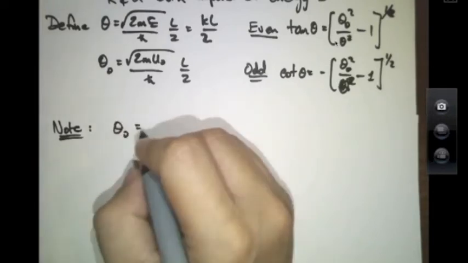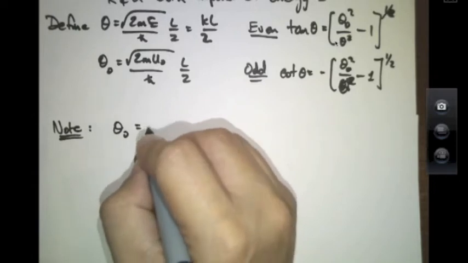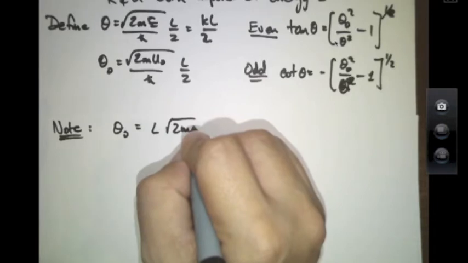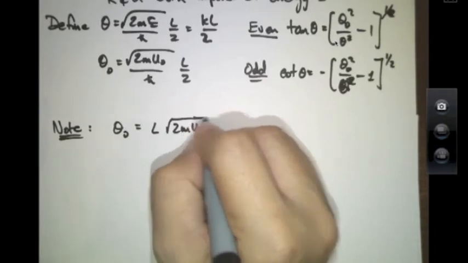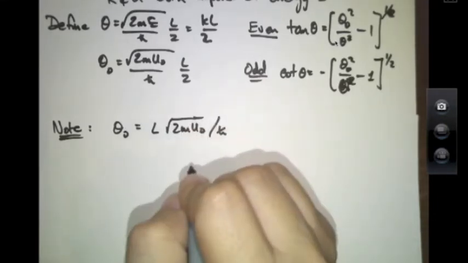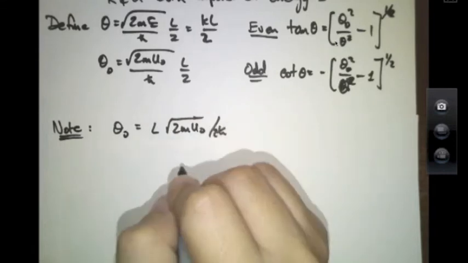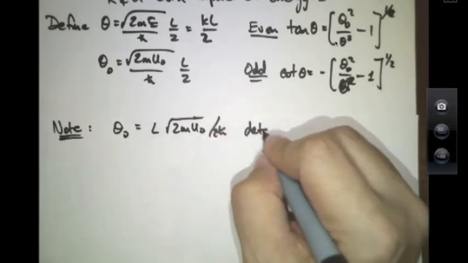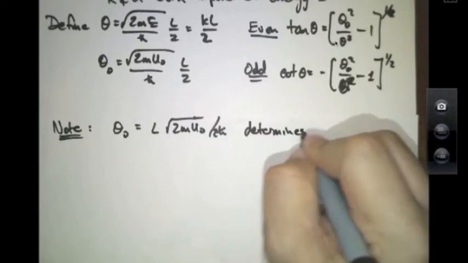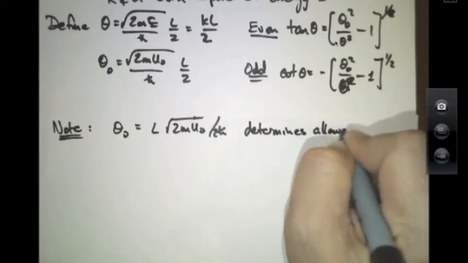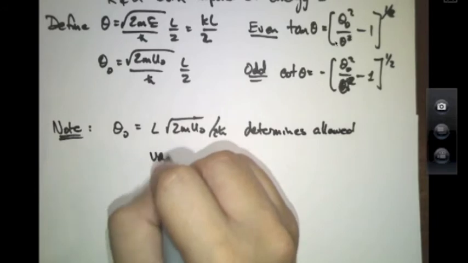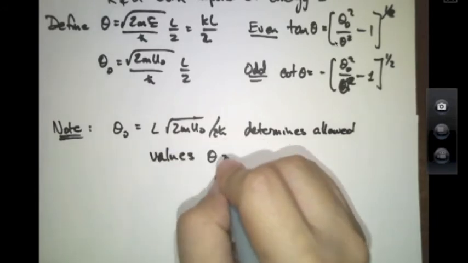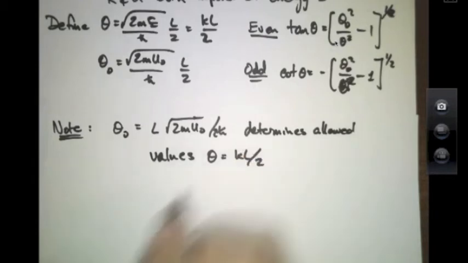This parameter theta naught is somewhat special. It's equal to L square root of 2m u naught over h bar. Excuse me, 2 h bar. It will determine the allowed values of theta, which is KL over 2.